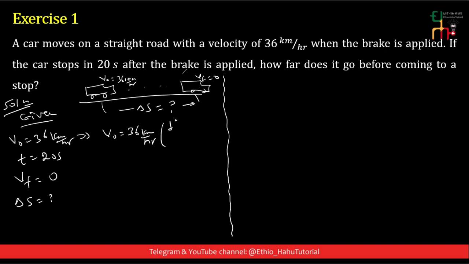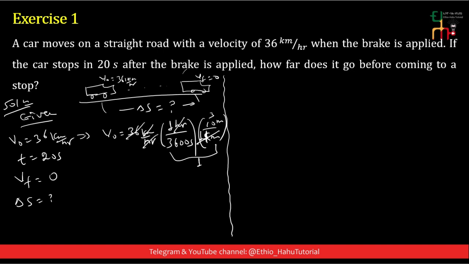Therefore, 1 hour means 3600 seconds. 1 kilometer is 10 to the power of 3 meter. This one is 1 still, because 1 hour is 3600 seconds, and 1 kilometer is 10 to the power of 3 meter. Here kilometer goes with kilometer, hour goes with hour.